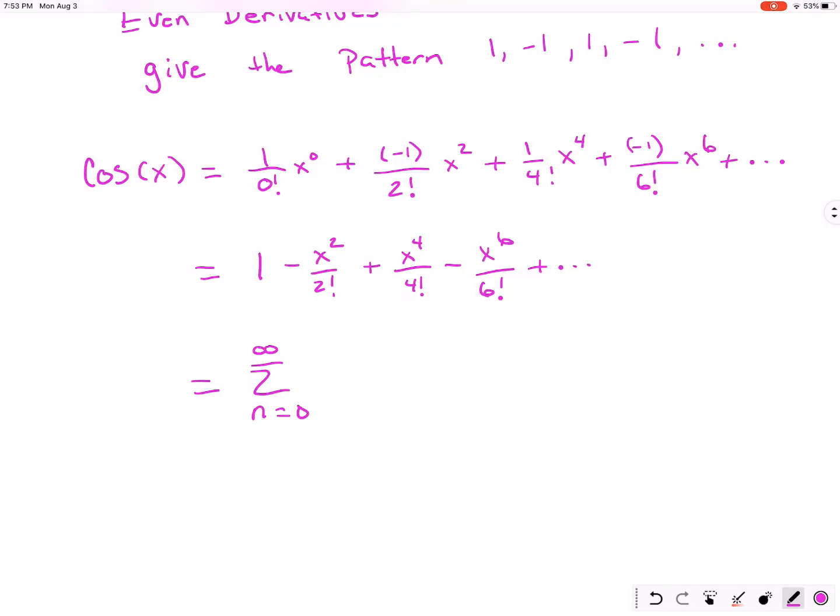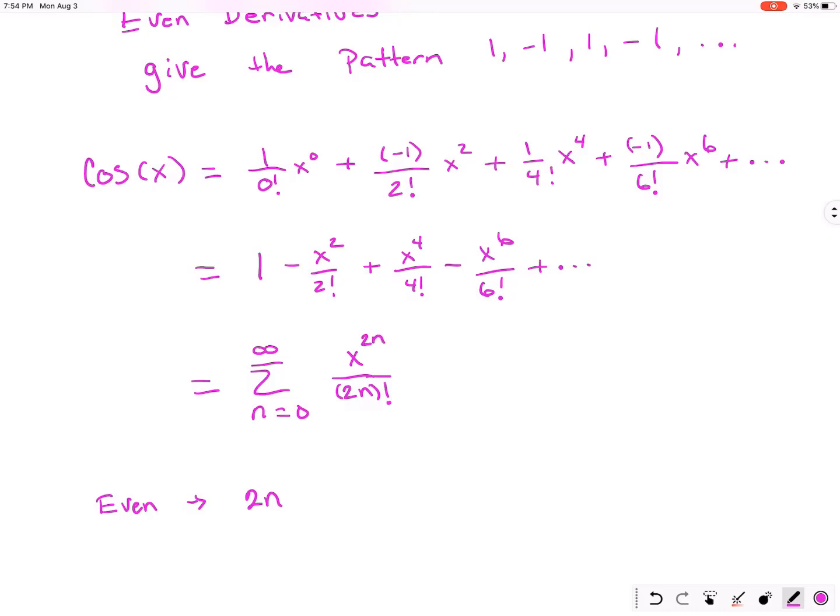Well, remember that an even number we can write as 2 times n. So I want even number things. So this is going to be 2n and then factorial. That's the even number part. And this is going to be x raised to the even number, so 2n.